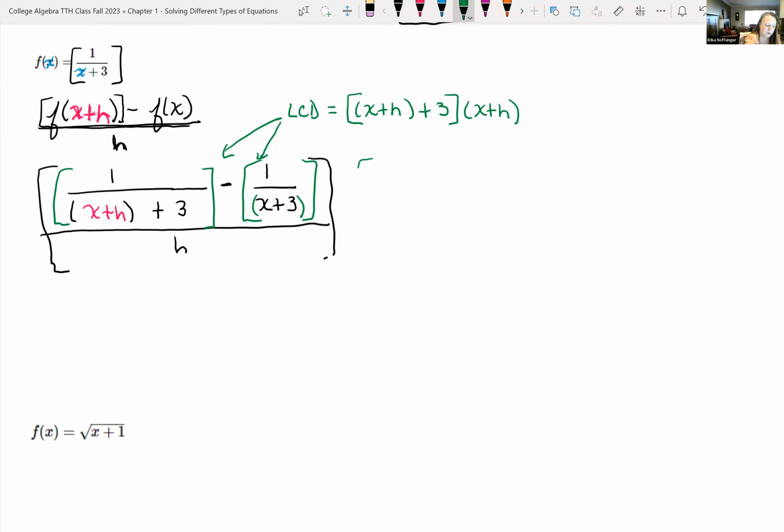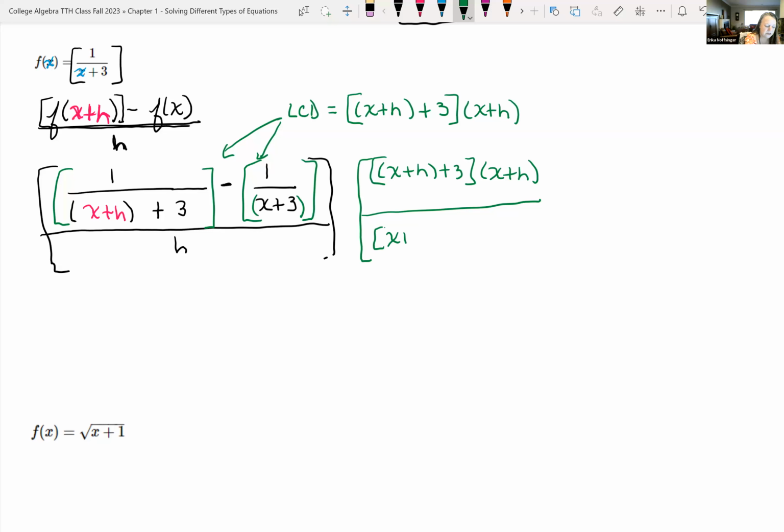So we're going to multiply this by a fancy 1, and that fancy 1 is the least common denominator divided by the least common denominator.